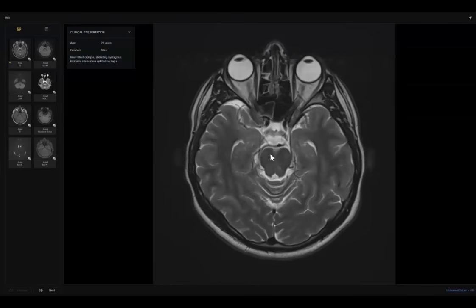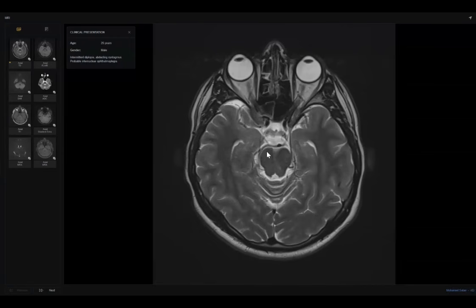No. I forgot the name of the nerve. Abducent, maybe. Third cranial nerve. What is the exiting site of the third cranial nerve?